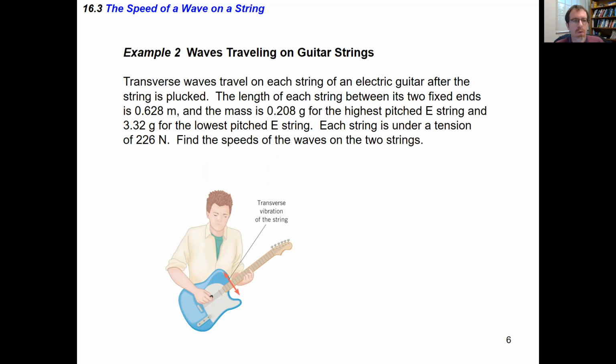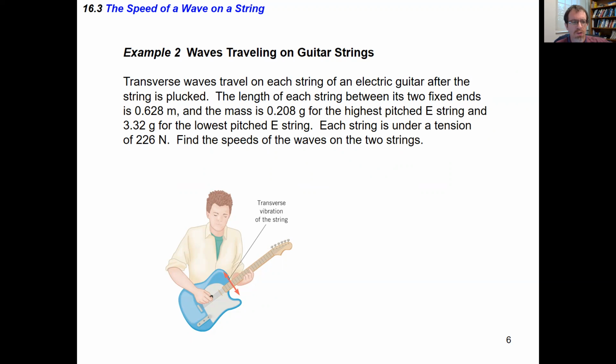We're looking at strings on a guitar, and specifically we're considering two different strings, the high E string and the low E string. We're told that the length of both of these strings is 0.628 meters. Maybe that wouldn't quite be true for a real guitar, but that'll work okay for an example.